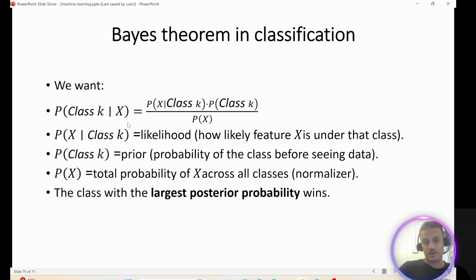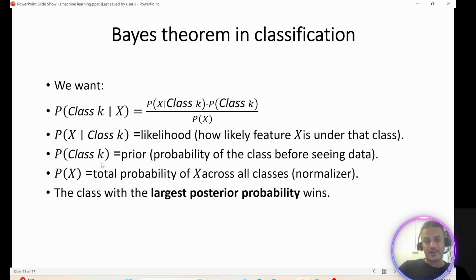We're trying to find the posterior probability, which tells you if this class is fit or not fit in our example. P of x given class k is called the likelihood: how likely feature x is under that class. It takes all the independent variables, the x variables, and checks how they fit under that class.